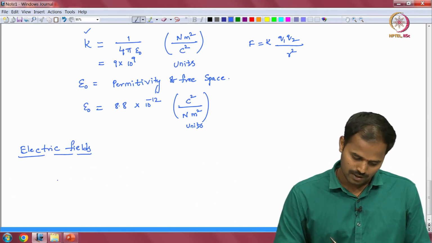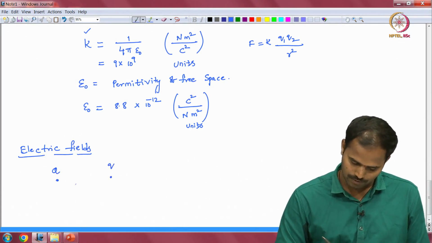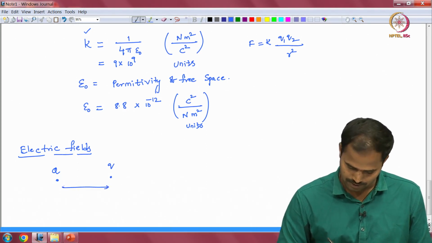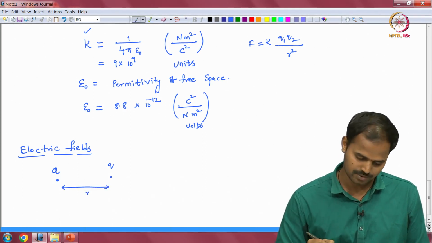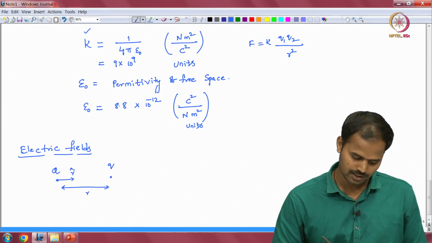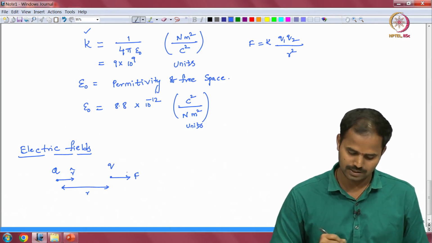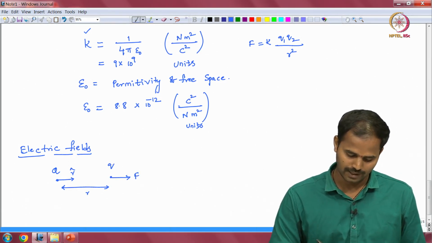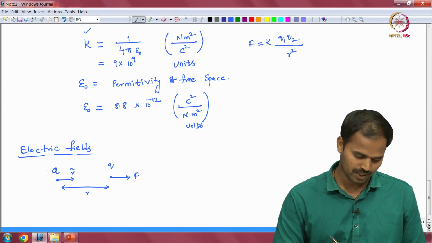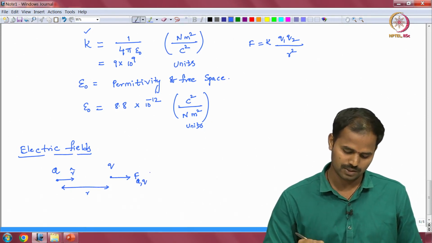I am considering a charge capital Q and one more charge small q, and the distance between these two charges is small r, and a unit vector r represents the direction, and the force is in this direction. The force acting on the test charge q with respect to the capital Q charge is this one.